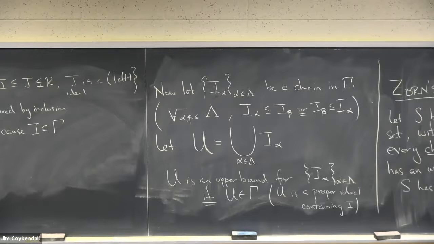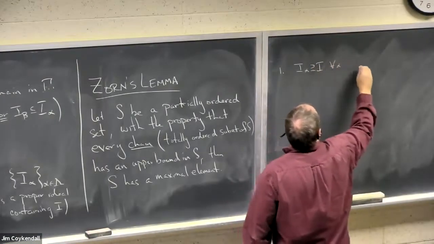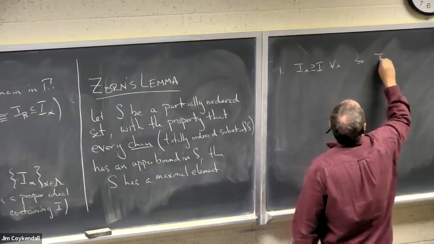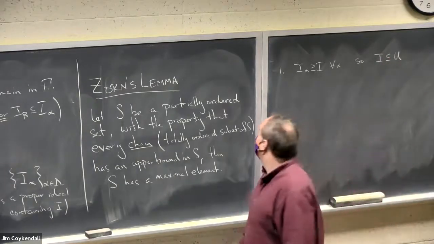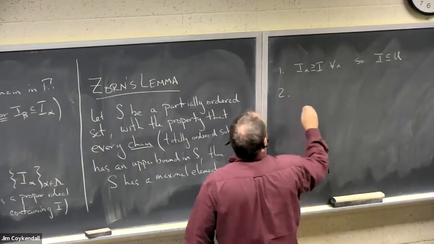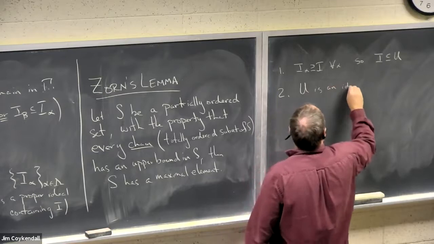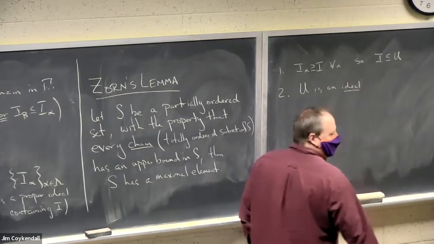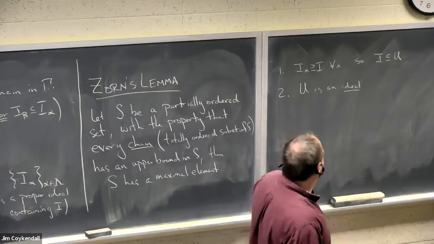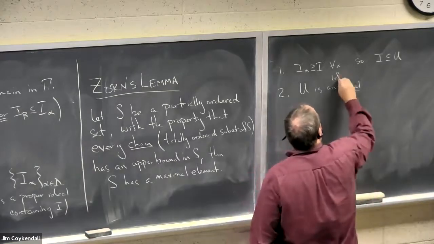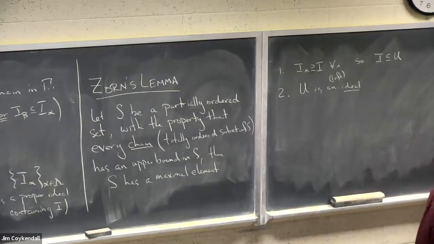Number one, I alpha contains I for all alpha. So U contains I. I've got that. Two, U is an ideal, or a left ideal. And this is precisely true because of the fact that it's a chain.